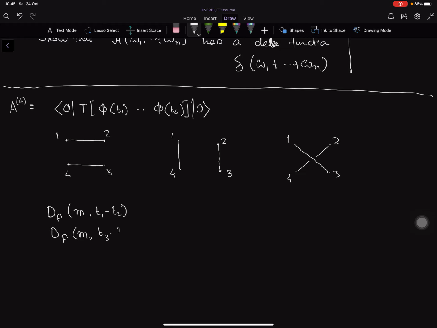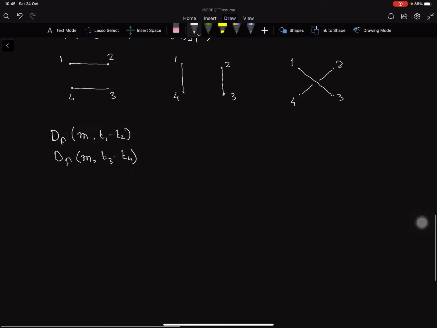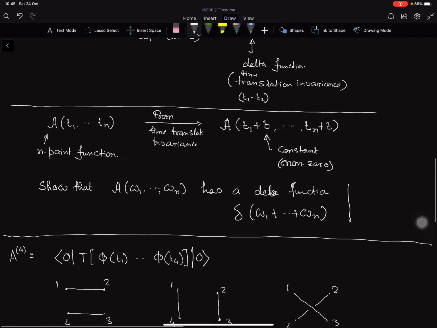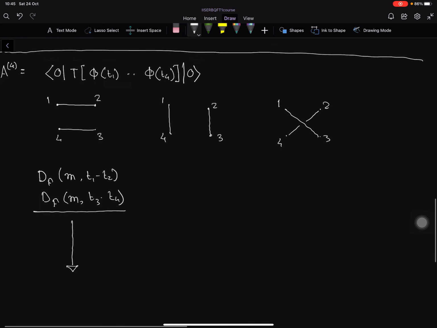Which means that when you Fourier transform these expressions, this simply gives us the product of two frequency space propagators.